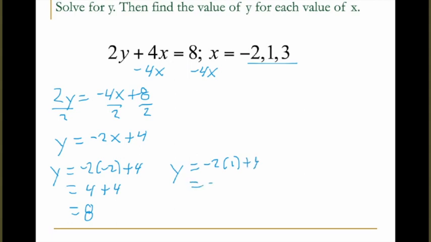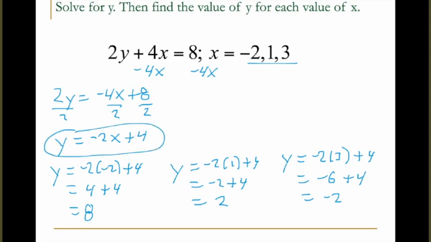When we do this, we get negative 2 plus 4. And when we solve it, we get 2. And last, we're going to plug in 3. We get negative 2 times 3 plus 4. We get negative 6 plus 4, which is negative 2. So we solved for y, and then we solved for each of our individual y values with our x values given.